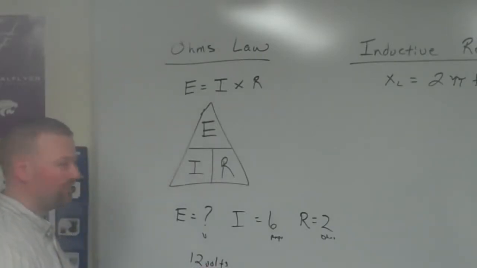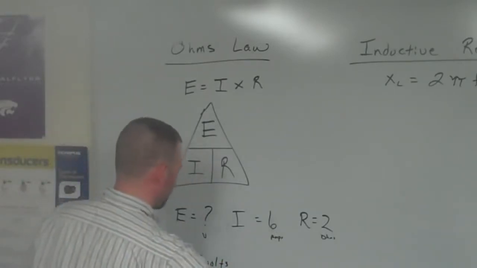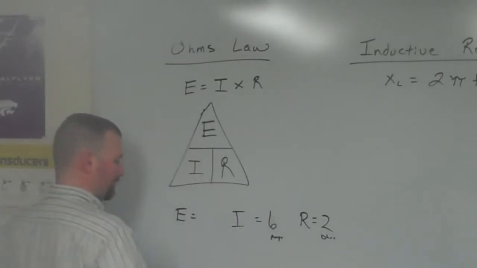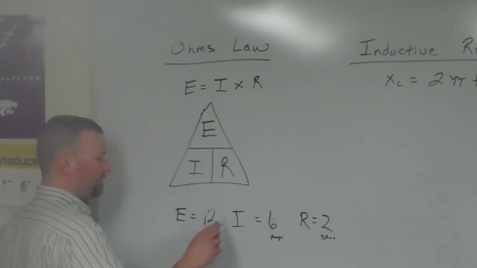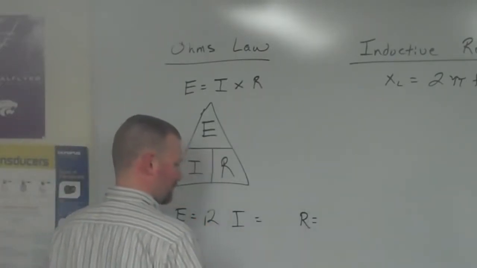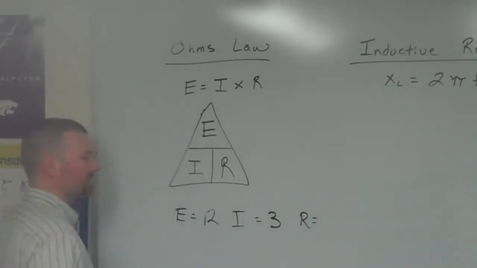Very simple. I don't think there's any question about Ohm's law, and it works in any direction. So let's just say for fun here, we were given 12 volts and 3 amps. How many ohms of resistance are we going to have?